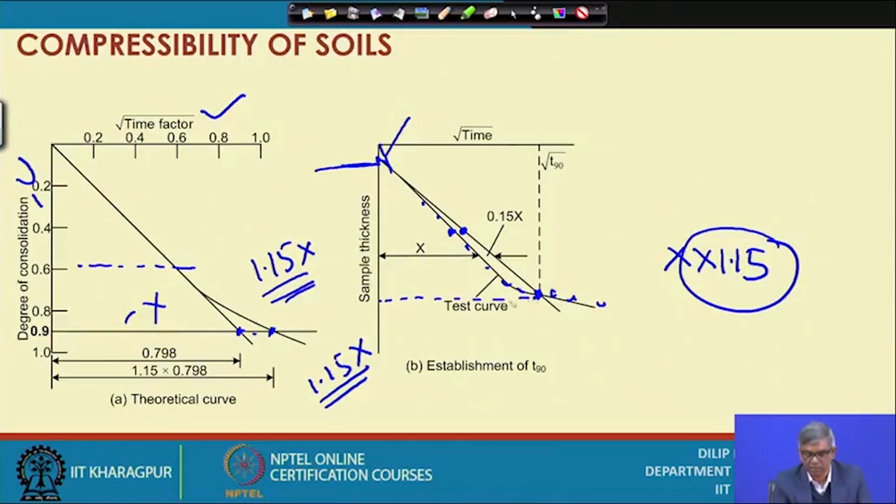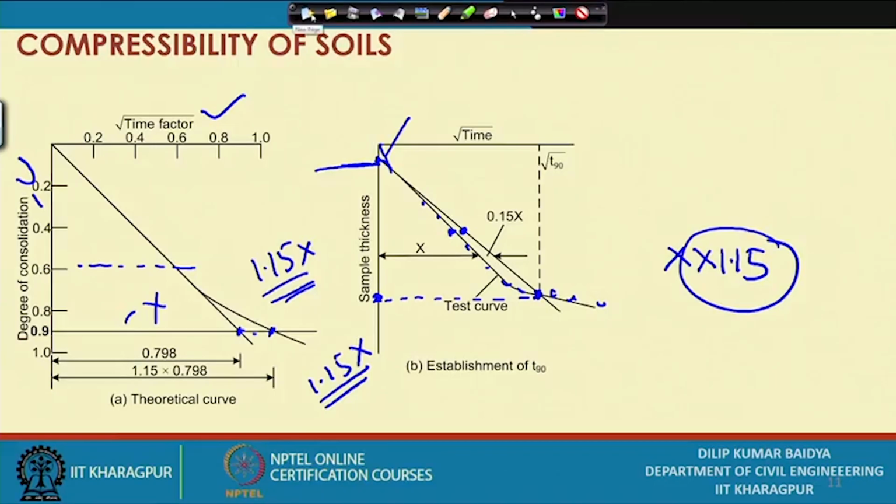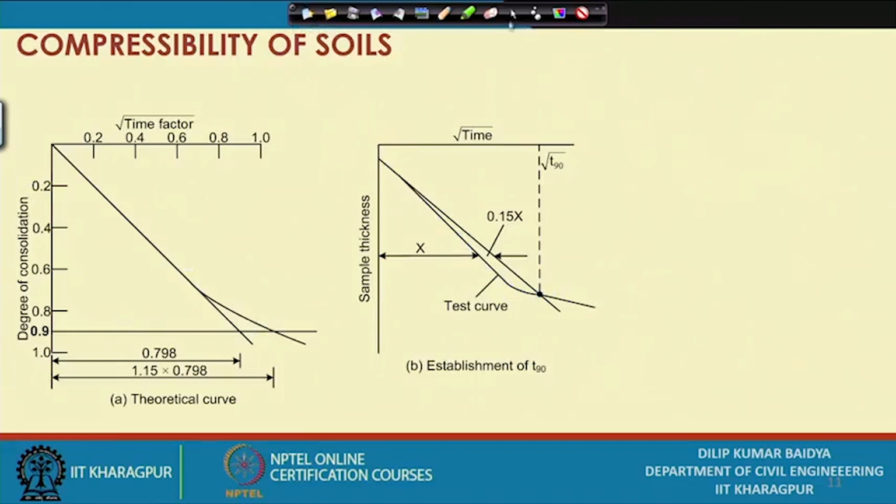So, this becomes the corresponding point to 90% consolidation. I can now find out this is the original thickness and this is 90%. So, degree of consolidation 90%, T90 you can find out, and then relate it, and we can find out the Cv by using the relationship we have.